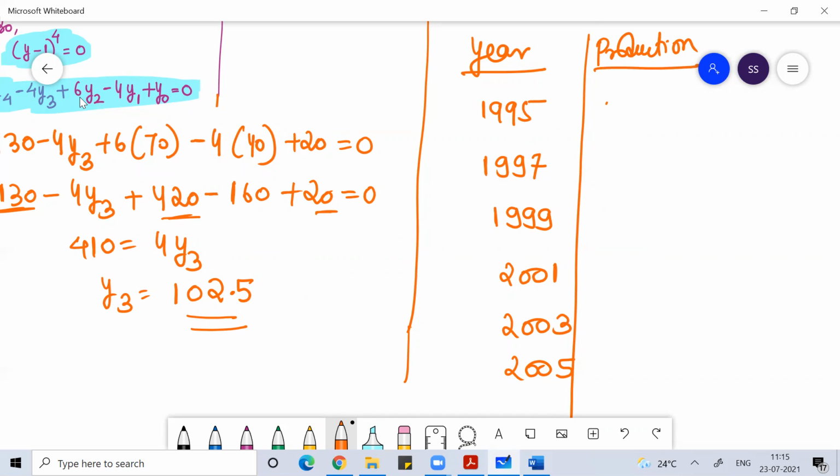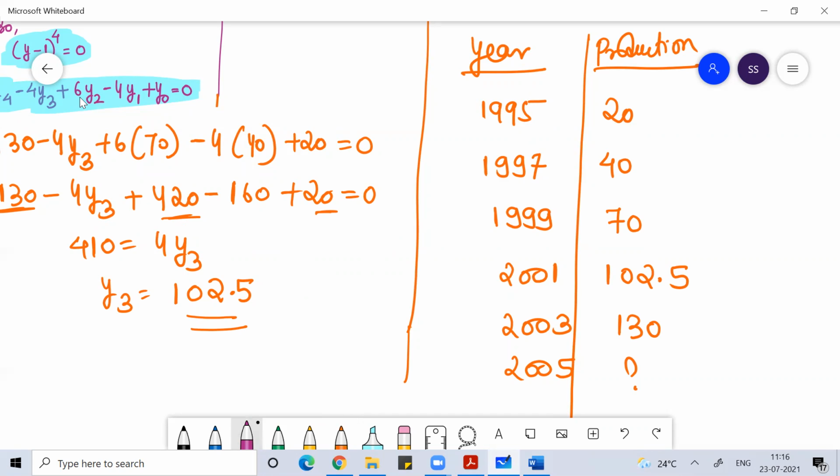Production is 20, 40, 70, and then for 2001 I just estimated by interpolation 102.5, and then 130, and now we have to find this 2005 value by extrapolation. Okay, so I hope you are understanding.